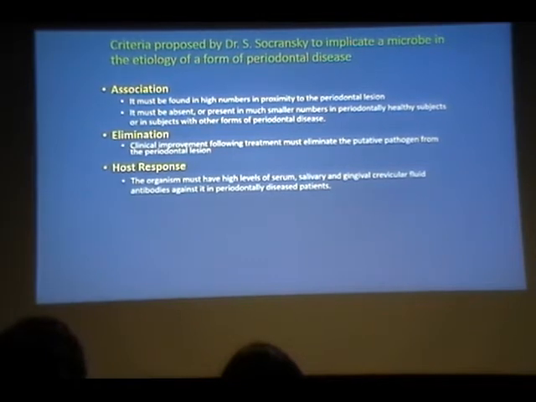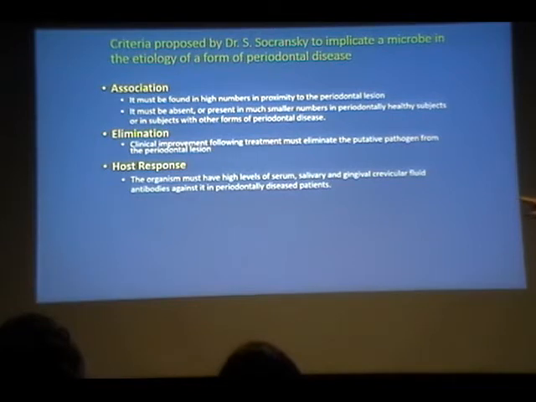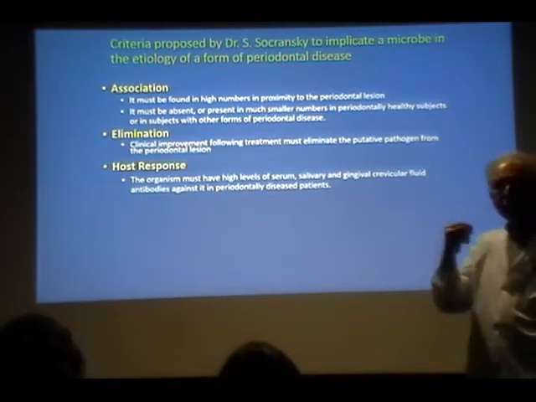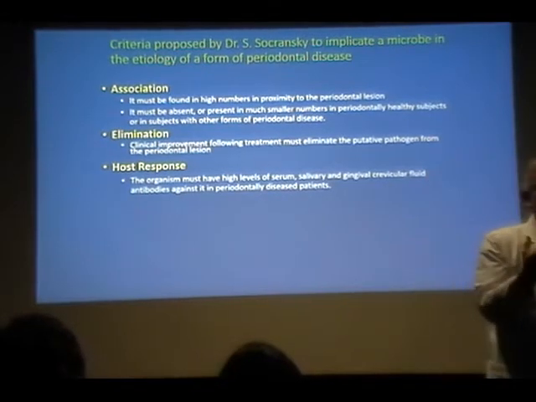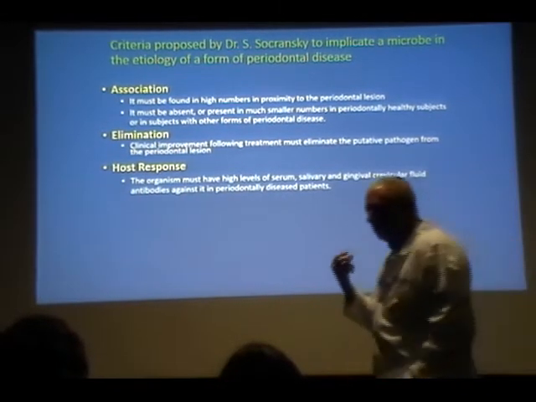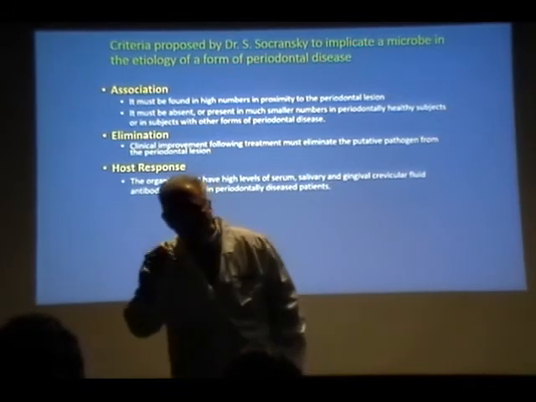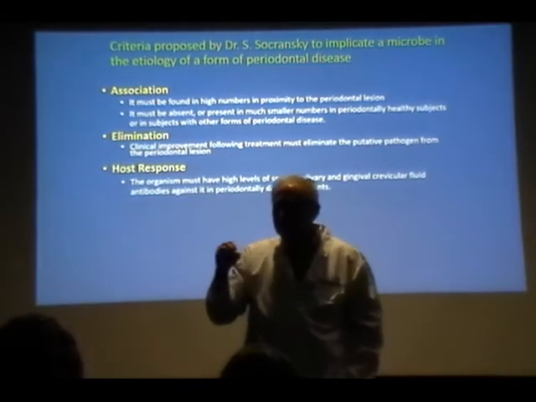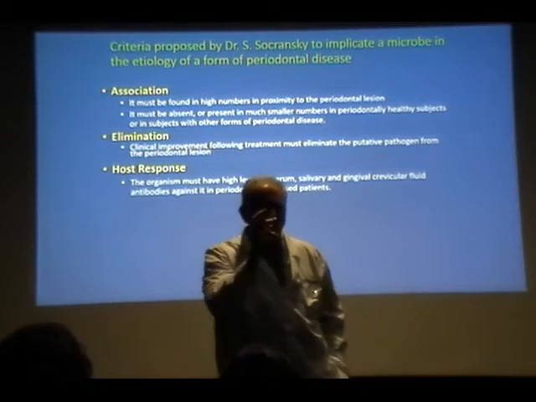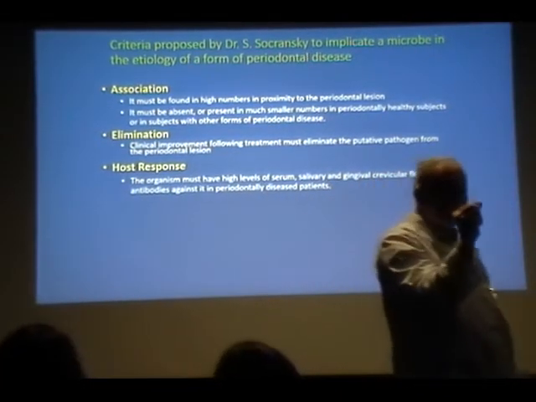Post-response. So the host has to respond to this organism. When I say organism, I mean the host must have high levels of serum, salivary, and gingival crevicular fluid antibodies against it in periodontal disease patients. So what you do is, have you heard of gingival crevicular fluid? Does that concept exist? Okay, so in the disease process, this is really serum exudate. It comes from serum and it percolates through the periodontium and it gets into the pocket.